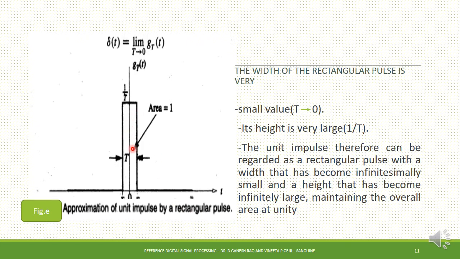That means the area should always be unity, whatever the height may be. Here the height is very large. It may be infinite also, because anything divided by 0 is infinity.